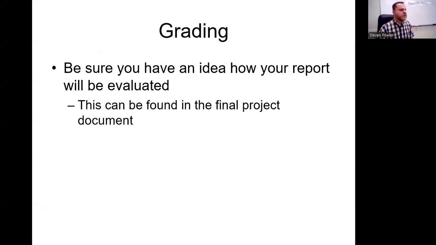Judging by what I'm seeing, I don't anticipate that's going to be a concern. Also, a D or an F report could be a C report that just doesn't get turned in on time, and I have to figure out a late penalty. These are the things you want to avoid.